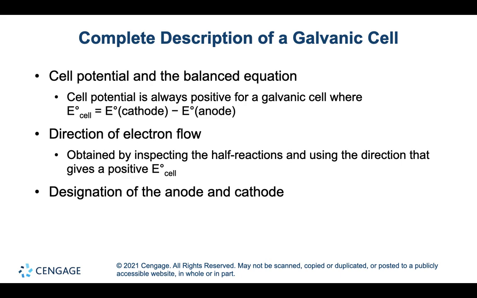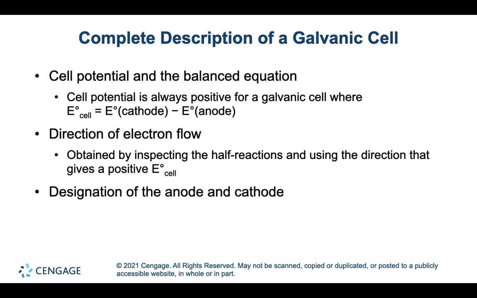The cell potential is always calculated by just doing E0 cathode minus E0 anode. You may have had to double or triple some of the half reactions to make them balance, but you don't double or triple the E0 value from the chart. The direction of the electron flow you can tell by looking at your half reactions.